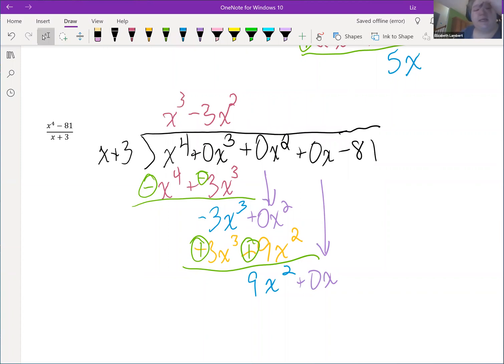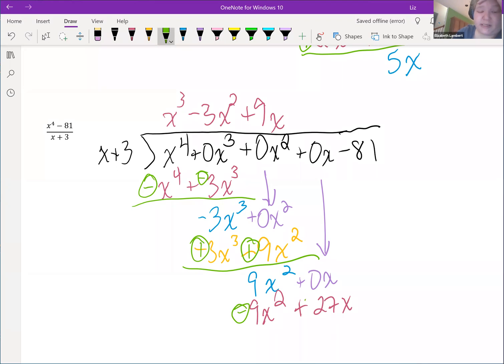So now we are going to need positive 9 and still an x to get to 9x squared. But now this will be plus 27x. This becomes a minus, and this does.